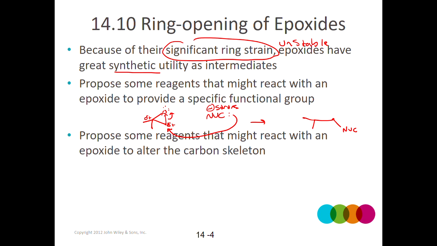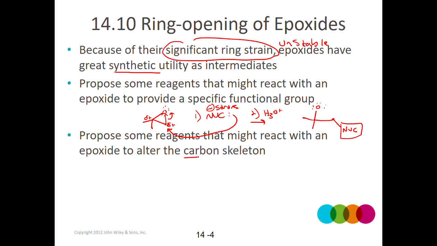And that carbon-oxygen bond is still there. So typically, after adding the nucleophile, you might add some kind of proton source, so that oxygen picks up a proton, produces an alcohol, but you end up with an OH usually on a carbon adjacent to whatever nucleophile you use to attack.